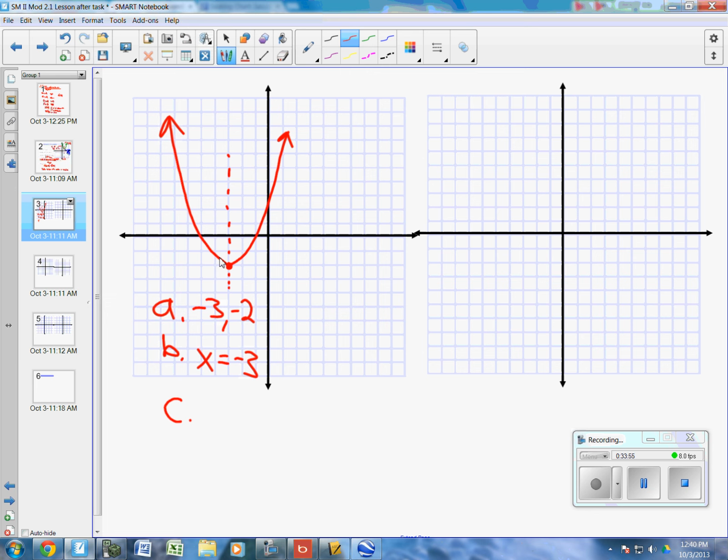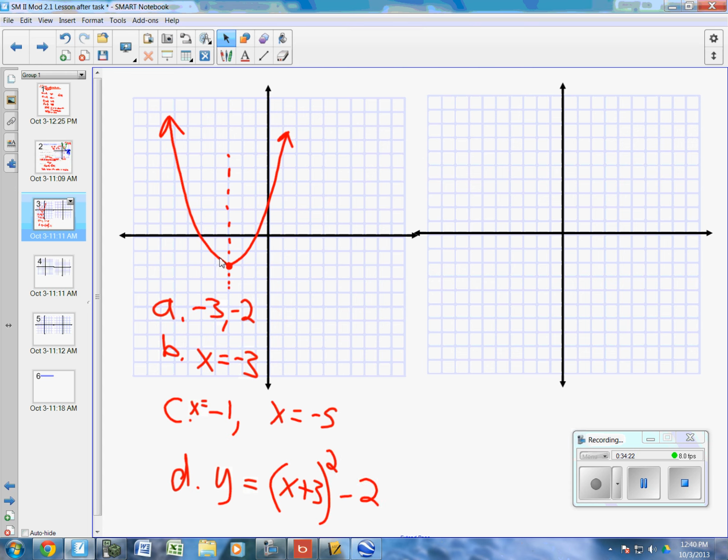C, x equals -1 is one of the x-intercepts, and x equals -5 is the other one. Okay, and D is vertex form. I said assume that A is 1, so it's going to be x plus 3 squared minus 2.